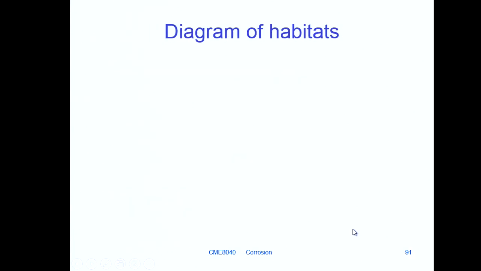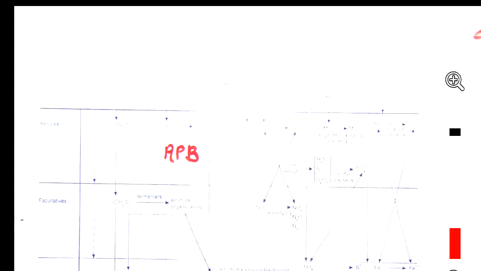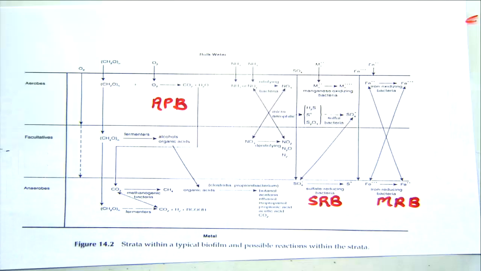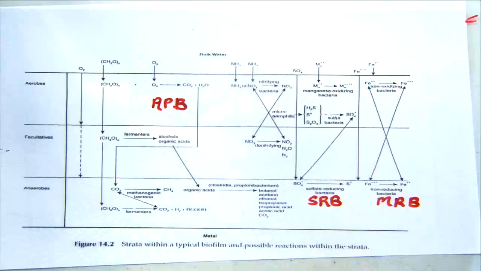And the biofilm is a series of layers. Close to the metal, you've got anaerobic bacteria. In the middle of the film, you've got bacteria that don't mind whether there's oxygen there or not. And then on the top of the film, you've got aerobic bacteria that get oxygen from the bulk water. So this is a cross-section through a hypothetical film.